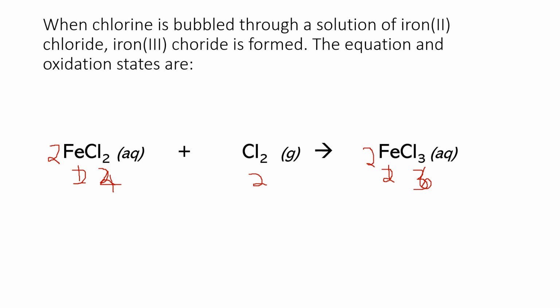And the total number of iron on the right side is also equal to 2. Okay. Iron pada sebelah kiri 2, pada sebelah kanan pun 2 juga. So balance for iron. And then the number of chlorine on the left side is 2 times 2, 4 plus 2, so is equal to 6. Right? So now di sebelah kanan 3 times 2 is equal to 6. Jadi dia dah balance ya. Okay, dah balance.